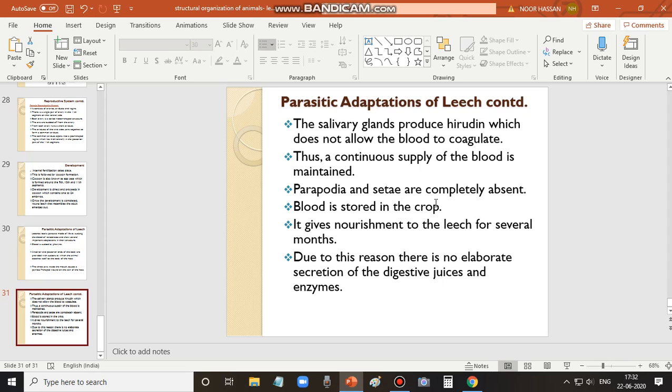The crop can store an enormous amount of blood, and this blood nourishes the leech for several months. Due to this reason, there is no elaborate secretion of digestive juices and enzymes.